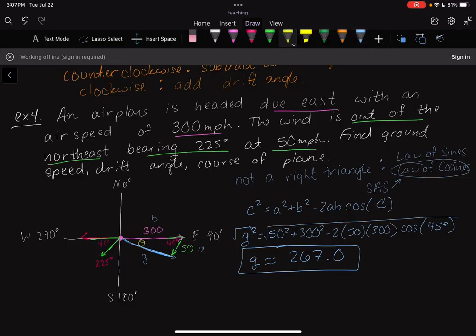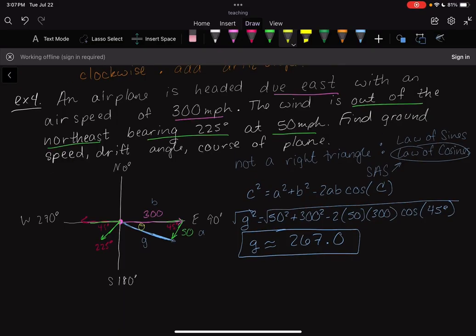Next, let's go get my theta. So again, I like to use law of cosines again. You are welcome to switch to law of sines if you want. I've just always liked to stick with one if I start with it. I don't really like to switch. So I'm going to go find my theta. Now, what I messed up on earlier is I put in the wrong one across from it. So let's not do that this time.